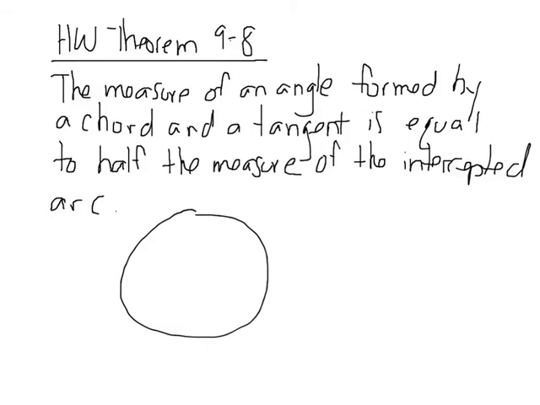Here's my circle. Here's a chord. Let's call that chord AT. And we have a tangent. Let's call that segment TP. That's supposed to be tangent to the circle. So there's my point of intersection right there.